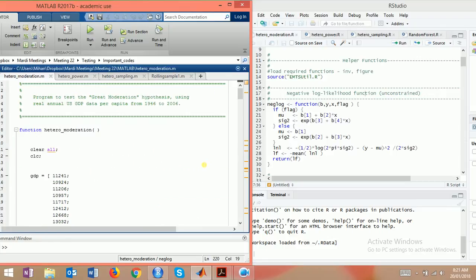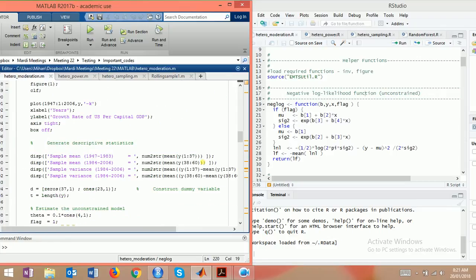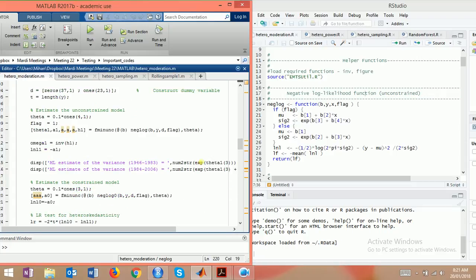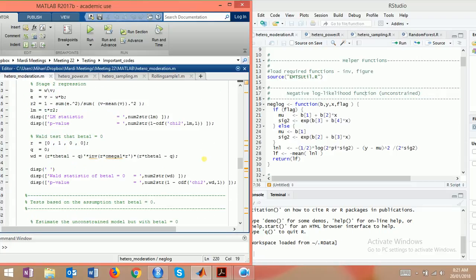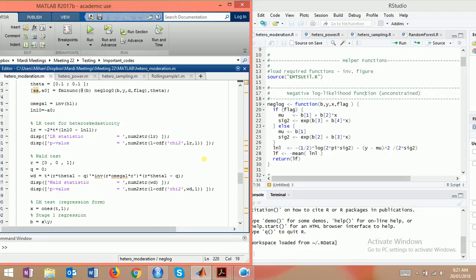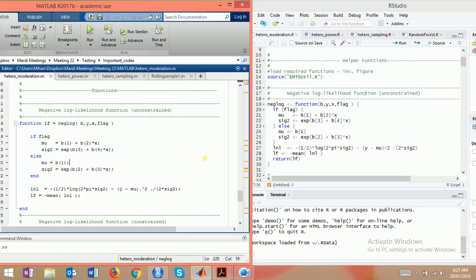And where am I setting the flag? Not setting the flag anywhere. I'm just creating the function like that. If I'm giving flag, then it is unconstrained. If I'm not giving flag, then it is constrained. Fine.